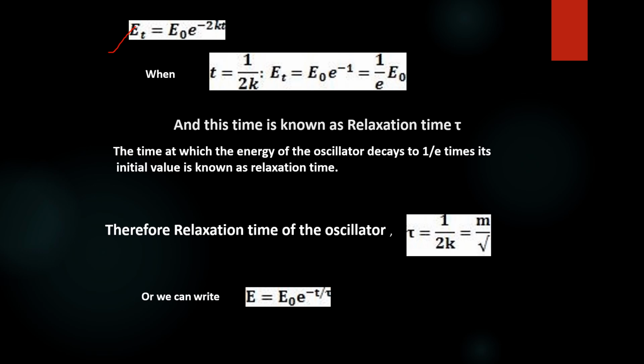Now if we put t equal to 1 by 2k, Et becomes E0 into e raised to minus 1, or it is 1 by e times E0. In such a case, the time t equal to 1 by 2k is called the relaxation time tau.